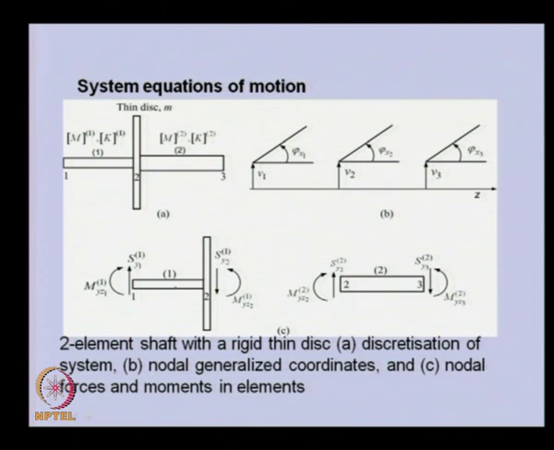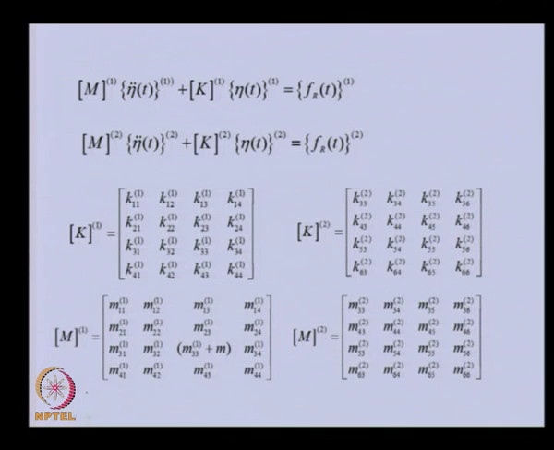Now we can write the elemental equation for these. Let us say this is the elemental equation for the first element, this is for the second element, and the various individual mass and stiffness matrices are given here. So, for element 1 this is the stiffness matrix, this is the mass matrix.